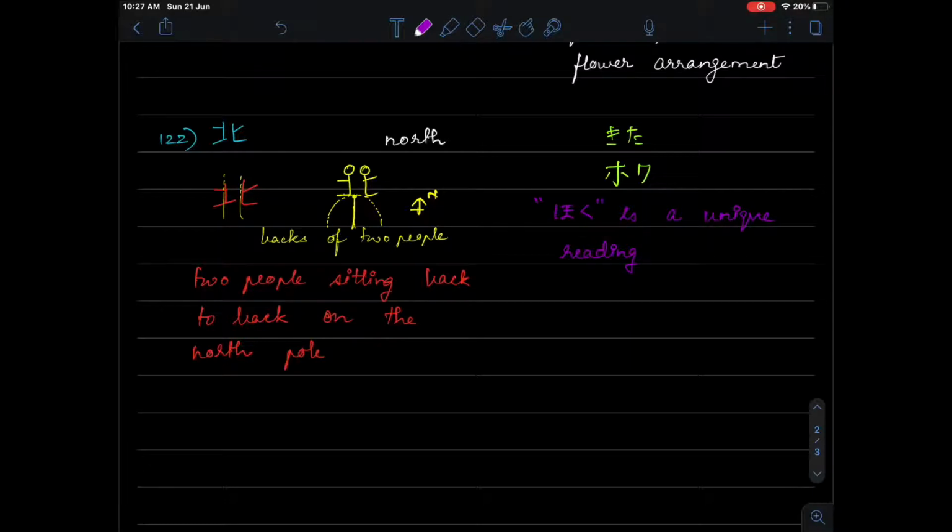Meaning there is no other kanji in the entire Joyo kanji, your regular use kanji, in which you will see this onyomi reading, hoku.